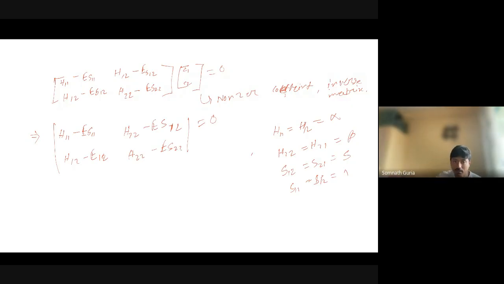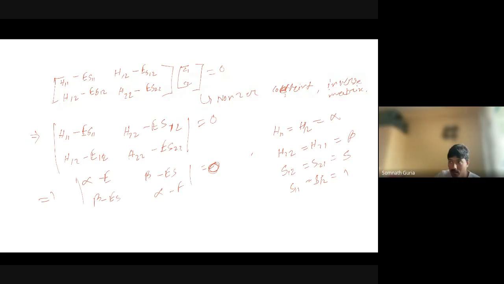So from it we can say the determinant: alpha minus E, beta minus ES; beta minus ES, alpha minus E equals 0.